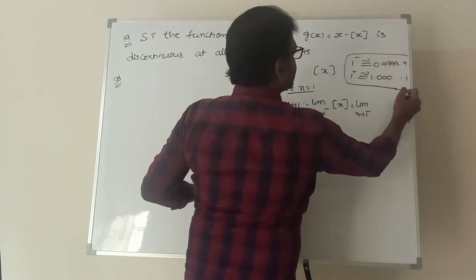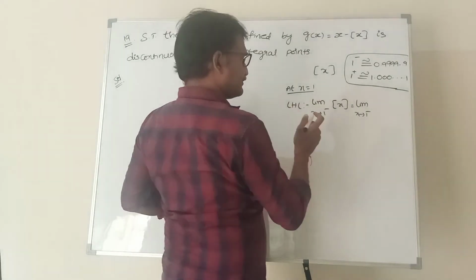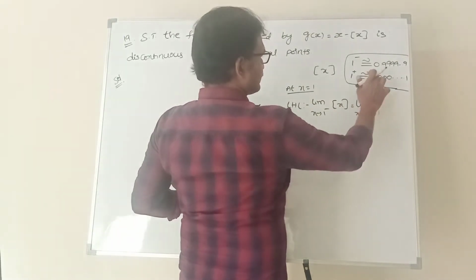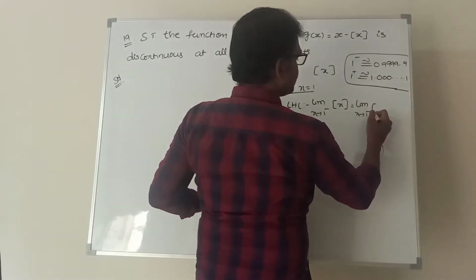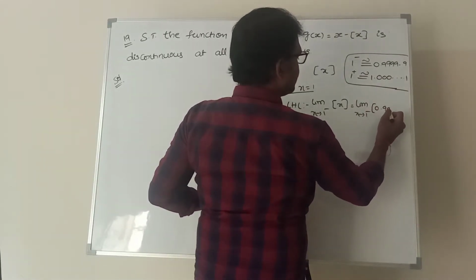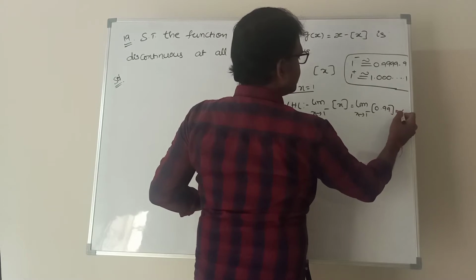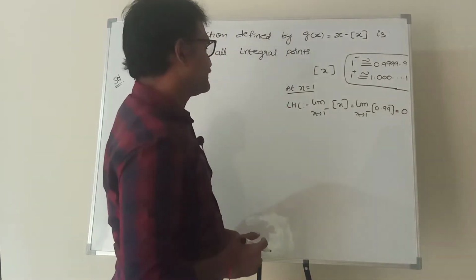These two are neighborhood values of 1. So 1 minus means 0.999. Then what is the step x value? Step of 0.99 is 0.